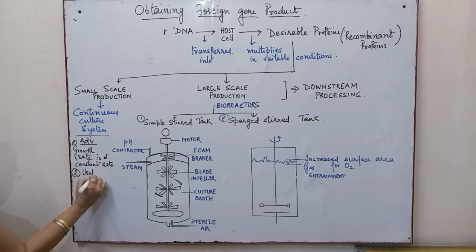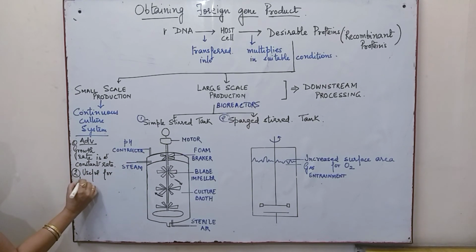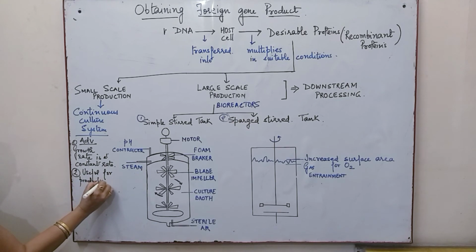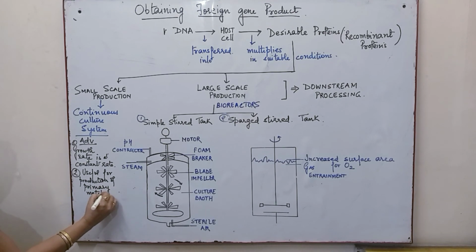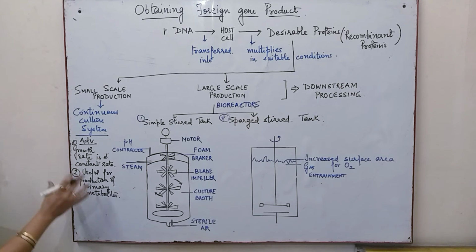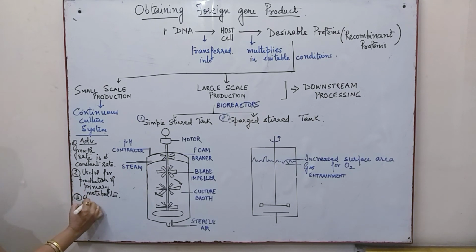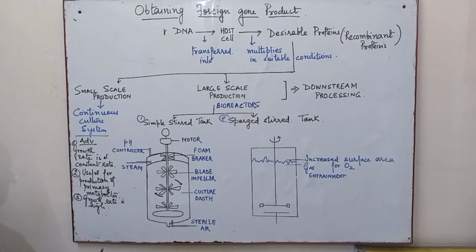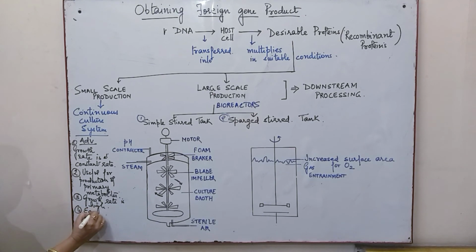So the small scale is used there. Because the culture medium is very small and the growth rate is high, it is easy to manipulate. It can be easily manipulated.